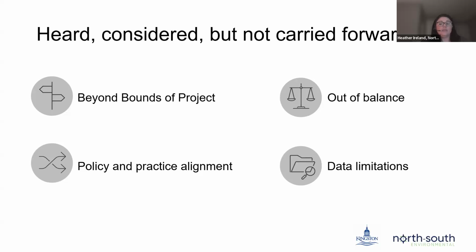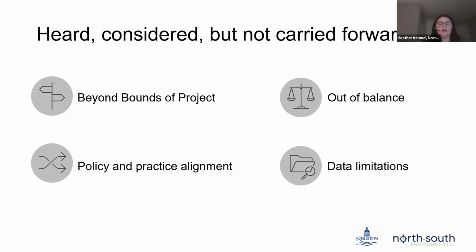And then some suggestions went far beyond policy and were not in line with current and best practices or would contravene other provincial policies. So, for example, full protection of every natural heritage feature or a detailed study of every single property at this point in the official plan review.